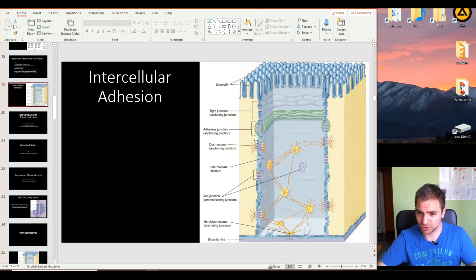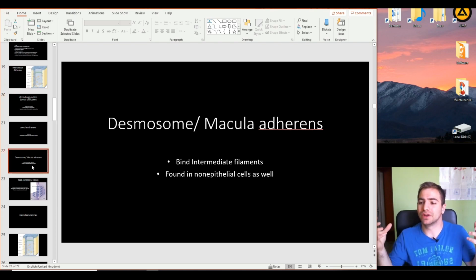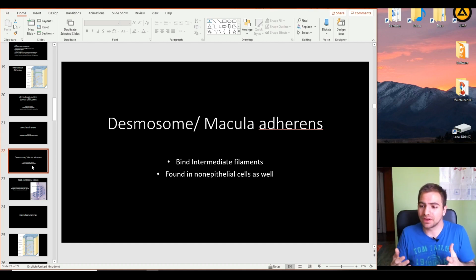These are the intermediate filaments of the left cell, and this is of the right cell. So this is the point of adhesion. The desmosome connects these two cytoskeletal components of two different cells, hence allowing a very, very tight connection of these cells.